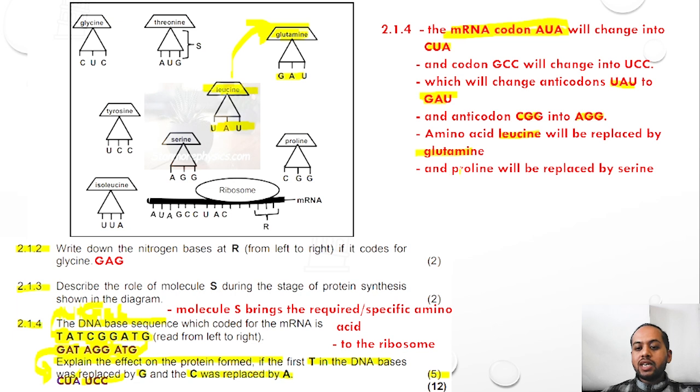And proline will be replaced by serine. Why? Because for proline we had CGG, and CGG changed to AGG. Therefore, proline is going to become serine, resulting in a different protein being formed. And that is how we get 5 marks for 2.1.4.